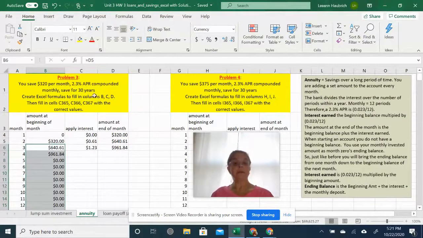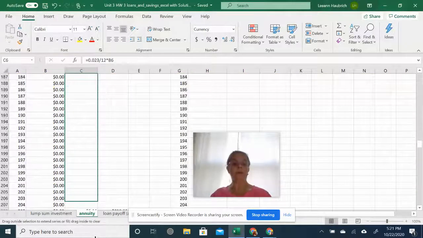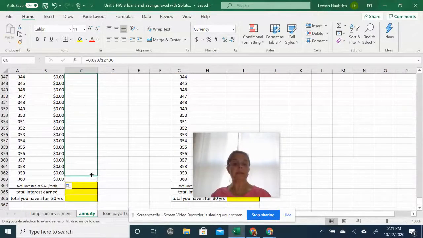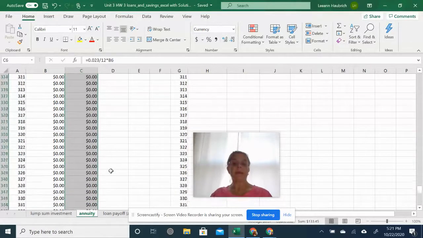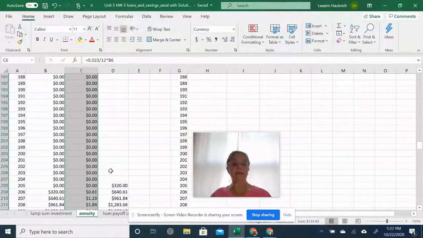It said 30 years up here, so I'm using the 360. The interest, we went from 61 cents the first month, $1.23, and this is going to increase each month. Get the bottom right-hand corner and pull it all the way down to 360 months. Does the same thing with the zeros because we don't have the ending balance in yet.